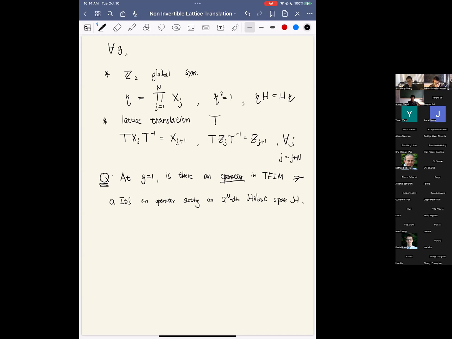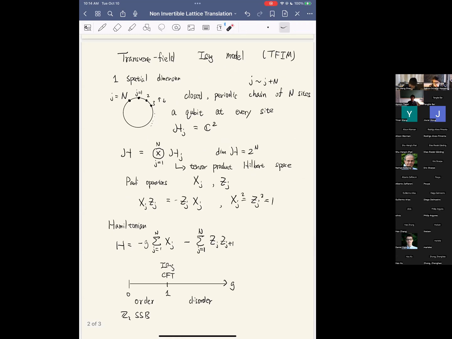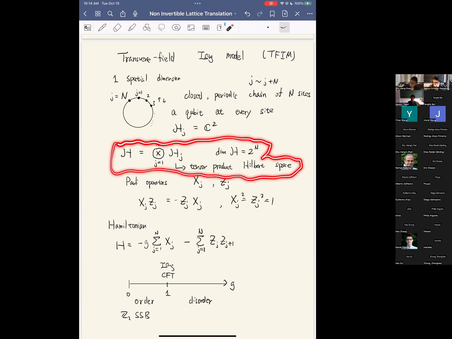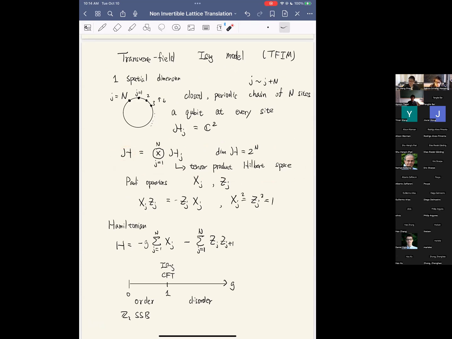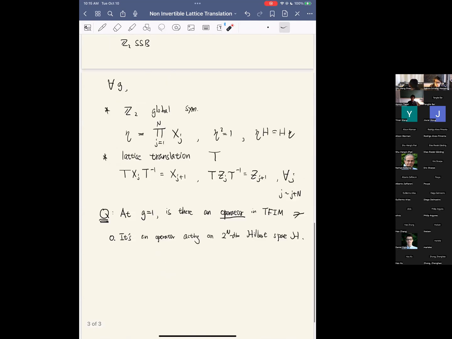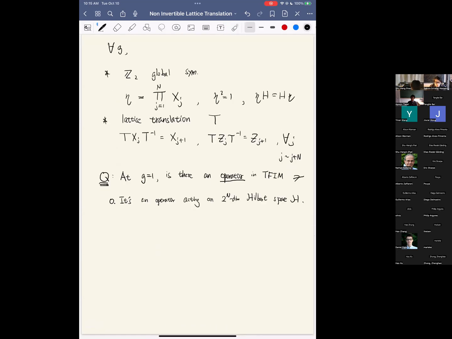I don't want to make the Hilbert space any smaller. It's literally the original 2 to the N dimensional Hilbert space that I wrote down here. And by an operator, I mean something that maps H to H itself. That's the zeroth order condition I want.